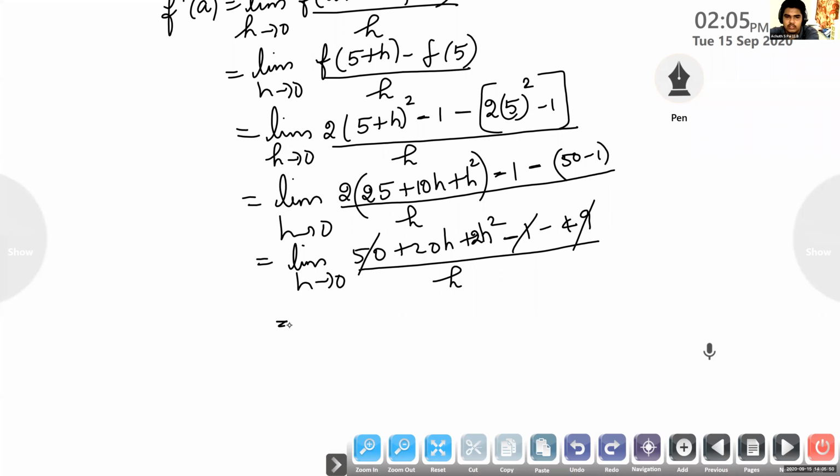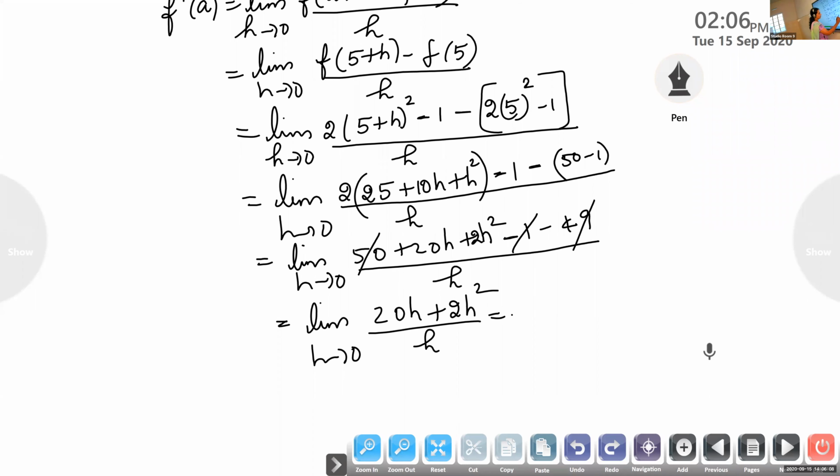So we will get limit h tending to 0, 20h plus 2h square by h. Now, if we take the limit, when we put h is 0, numerator will become 0 and denominator will become 0. We have to avoid this. So what we can do? From the numerator, can we take one h as common?